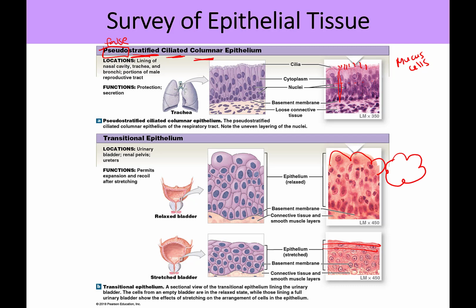Please excuse my lack of artistic skills, but these little things, like how you draw a flower, kind of look like that here. So if you see something that's fluffy like that, it's going to be transitional. There are no other tissues that look that fluffy.